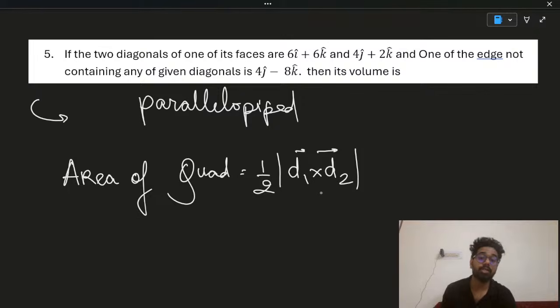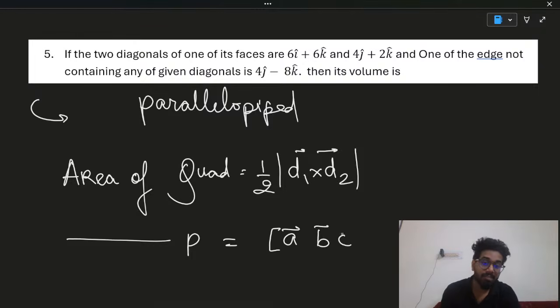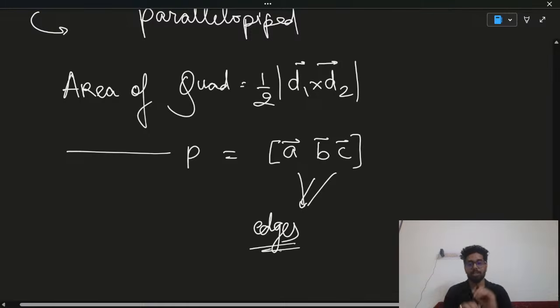Area of quadrilateral is the cross multiplication of its diagonals. Very important. Volume of parallelepiped is equal to A vector, B vector, C vector, where A, B, C are edges. These are three different edges.